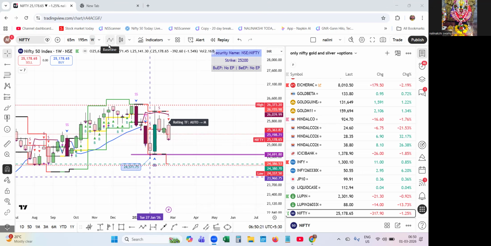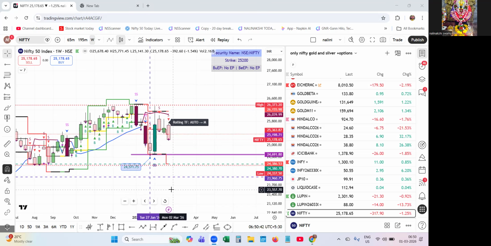Nifty outlook. If global risk off continues, first support zone is previous weekly swing low. On the weekly chart, you can see the previous weekly swing low is 24,571.